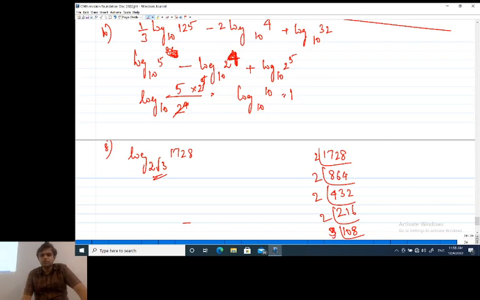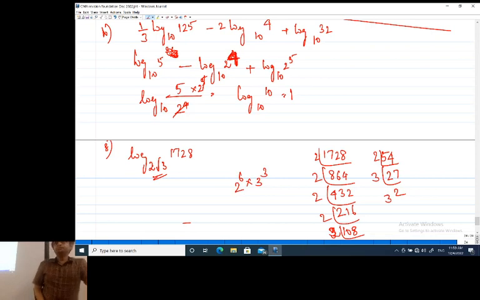Sorry, we can take 2, 2, by 2, then 3 squared. So how many 2s and how many 3s are there? You are able to get this? In the 2 power 6, I am writing it as 2 power 3 into 2.